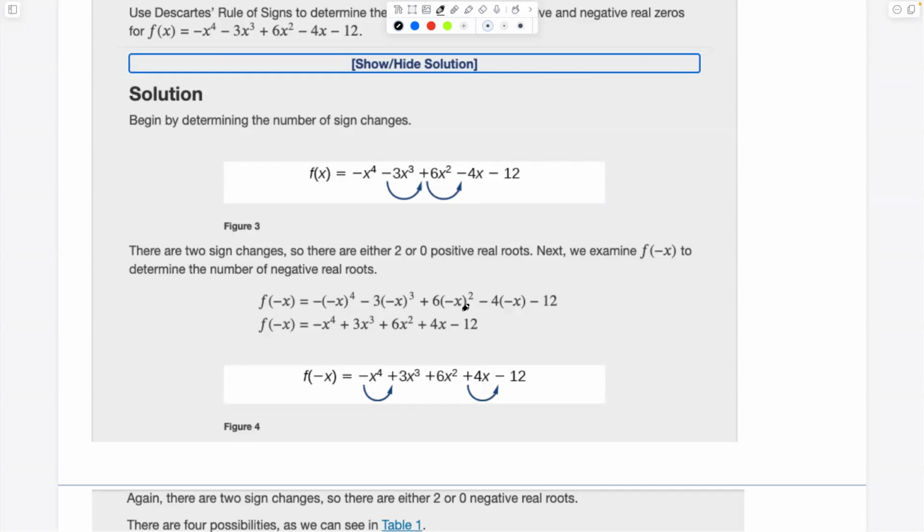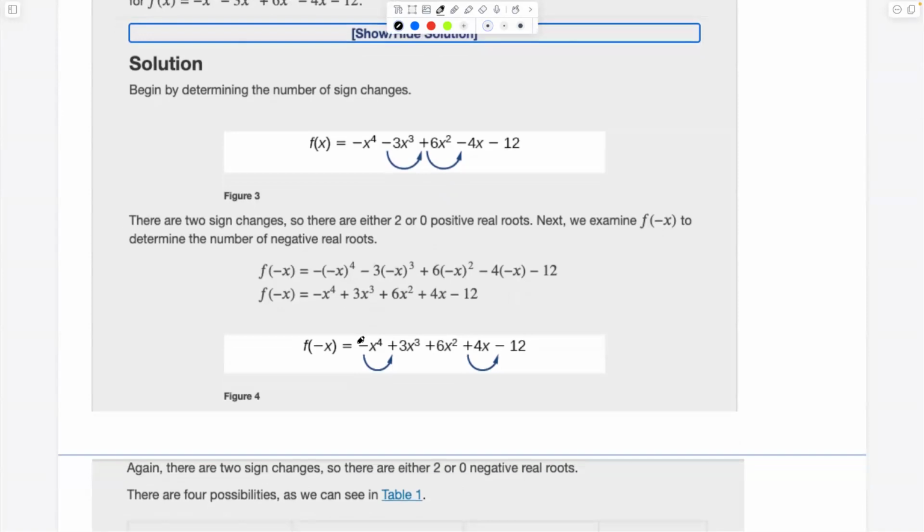Negative x squared. Even powers kill negatives, odd powers keep negatives. Negative x squared is just x squared. So notice we're positive here. Negative 4 times negative x will be positive 4x and then minus 12. Now we go through and we count how many sign changes there are.